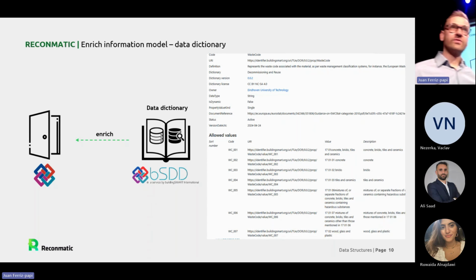So in this case, for waste code, European waste classification codes are used. This information can then be used by any software that connects through the APIs to the data dictionary. It creates consistency between software applications when we exchange the information, right?